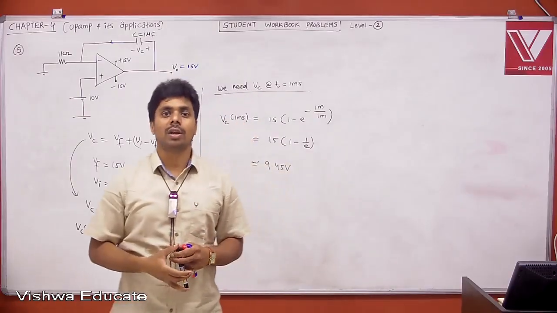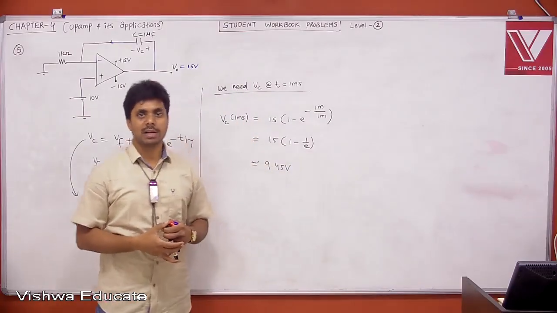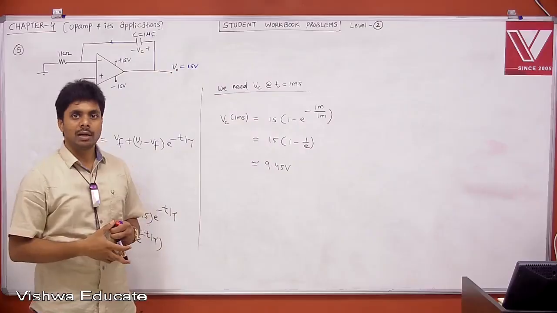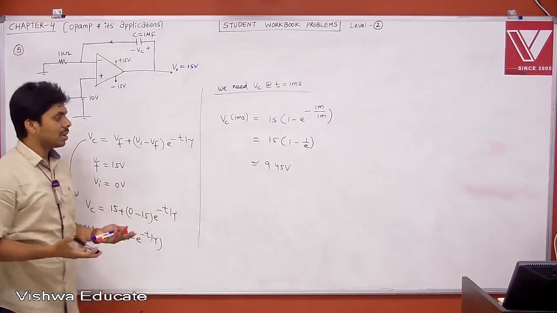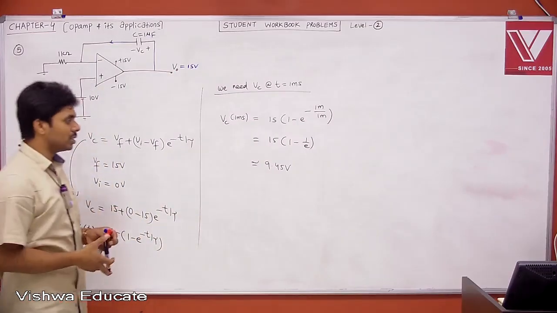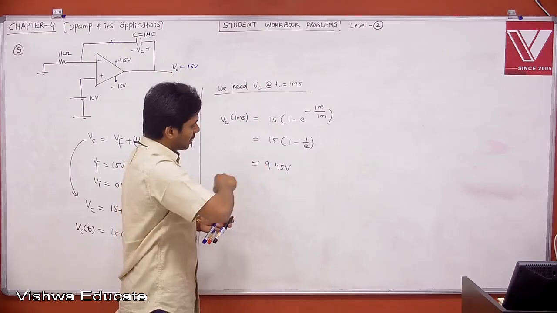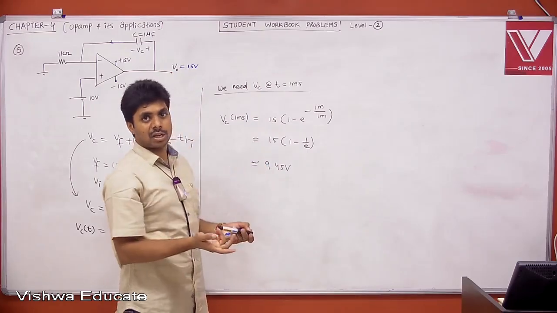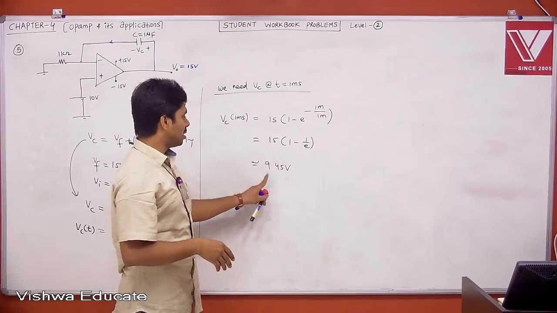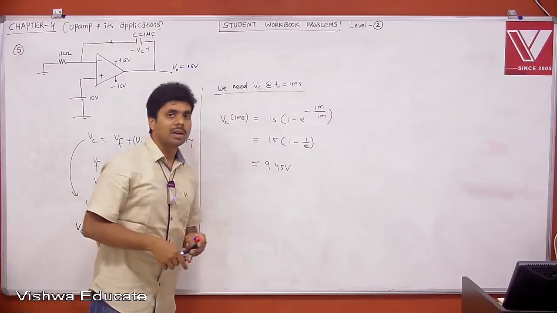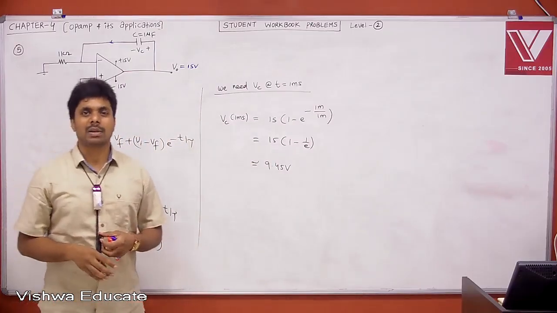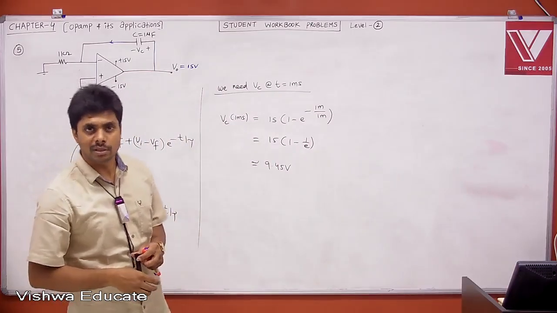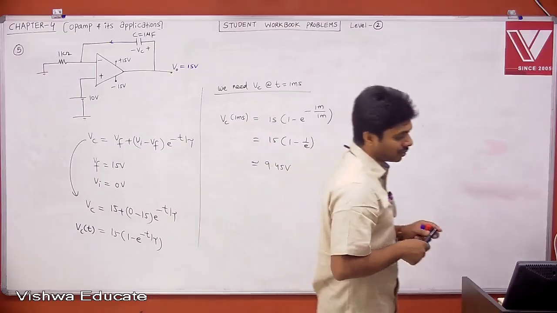That is the accurate answer, provided the op amp is ideal or has huge gain and more bandwidth. This is the approximate answer, but both are close to each other because initially it will be linear; whether it is exponential or linear, it is almost linear. Therefore 8.94 versus 9.45, around 5% error. That is fine, that is acceptable.